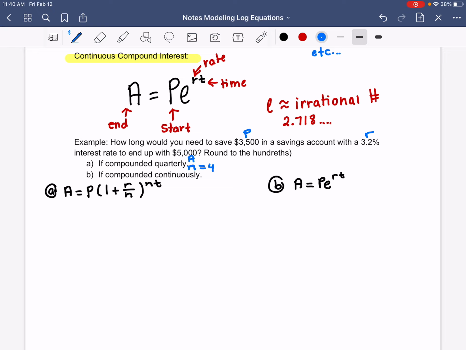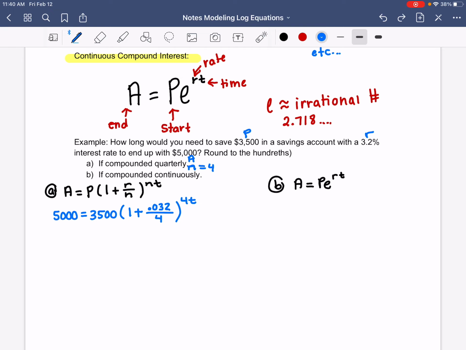So A is our ending amount, $5,000. P is our starting amount, $3,500. 1 plus our rate is 3.2%, so we change that to a decimal, 0.032. Over n, the number of times compounded is 4, to the power of n times t, 4t. The question is how long, so t is our variable.